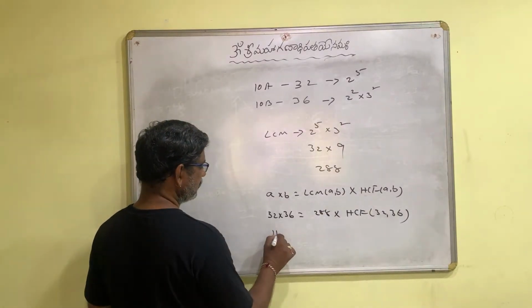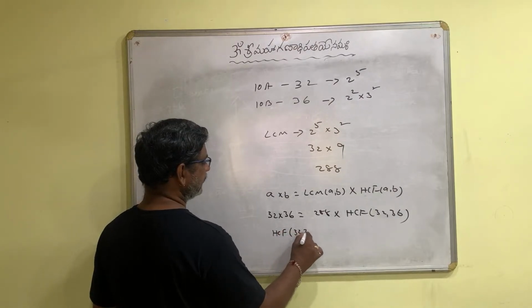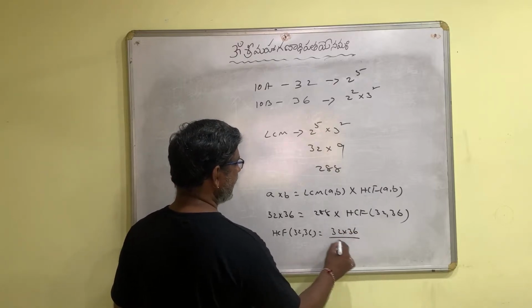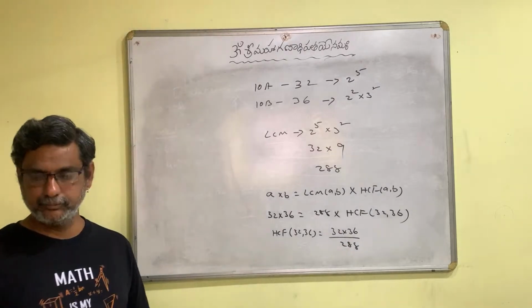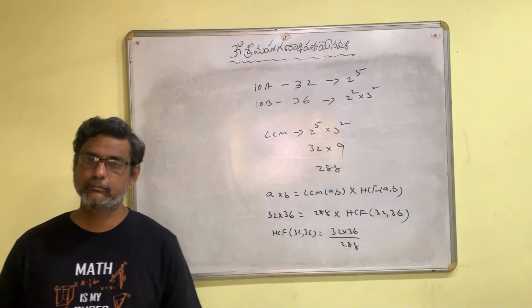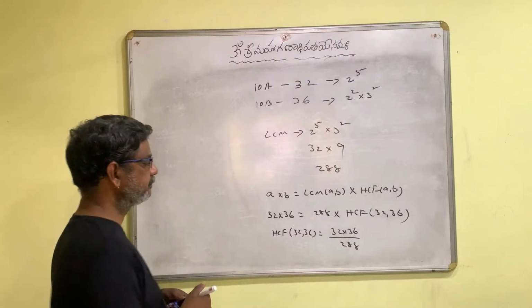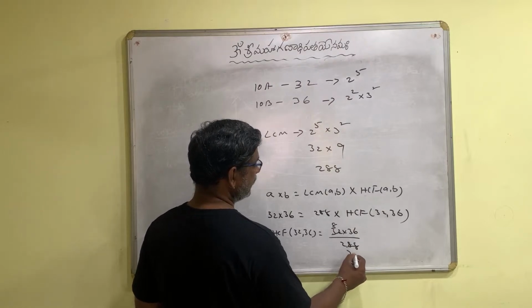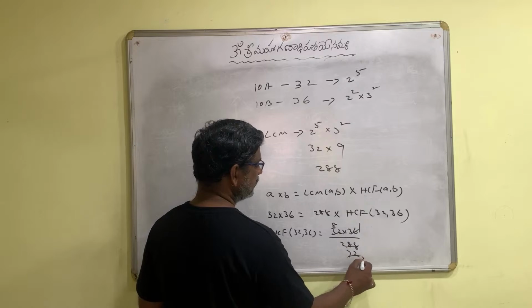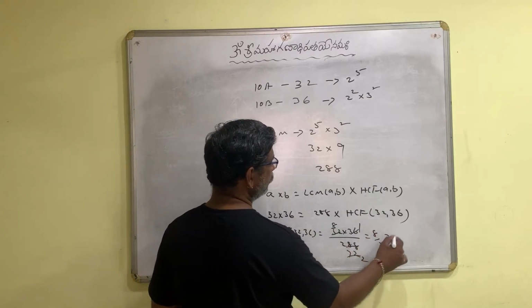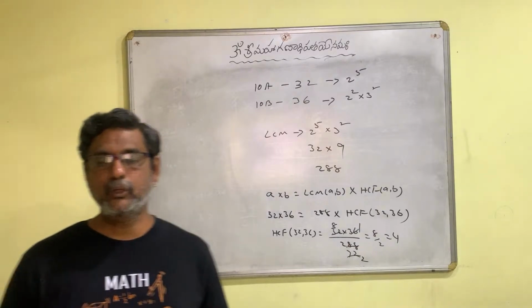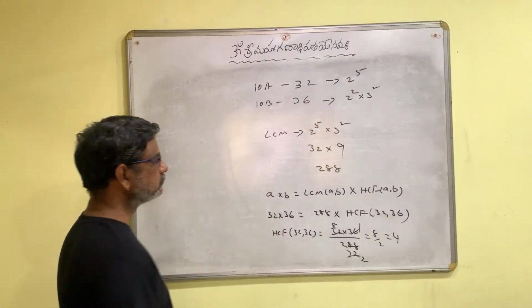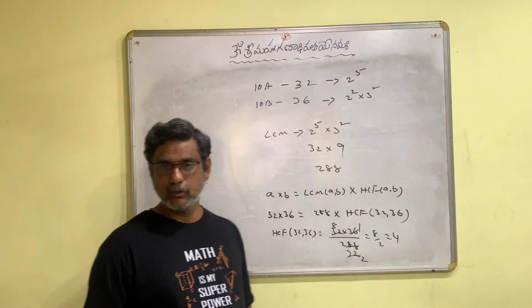Then HCF of 32 comma 36 is equal to 32 into 36 by 288. 4 8s are 32, 4 9s are 36. 8 by 2, 4. So HCF of 32 and 36 is 4. So 4 is the right answer.